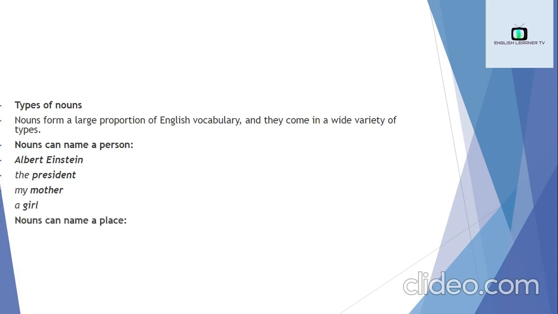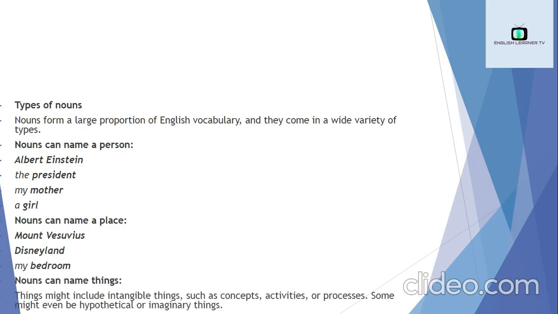Nouns can name a place: Mount Royal, Disneyland, my bedroom. Nouns can name things. Things might include intangible things such as concepts, activities, or processes. Some might even be hypothetical or imaginary.